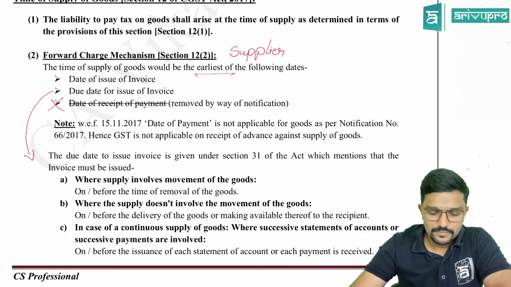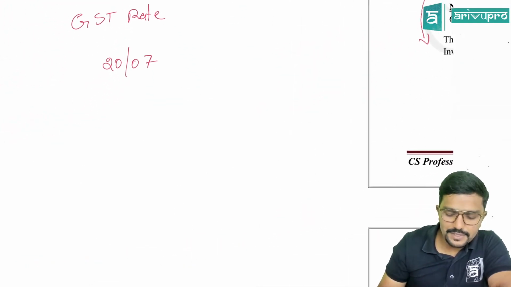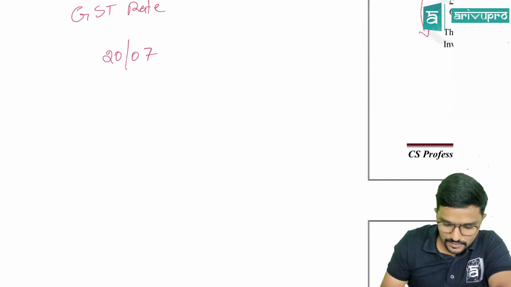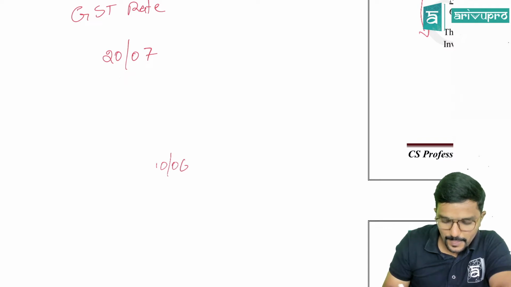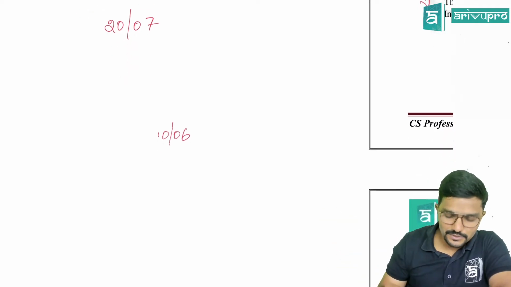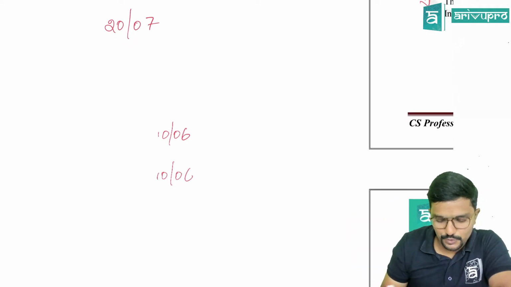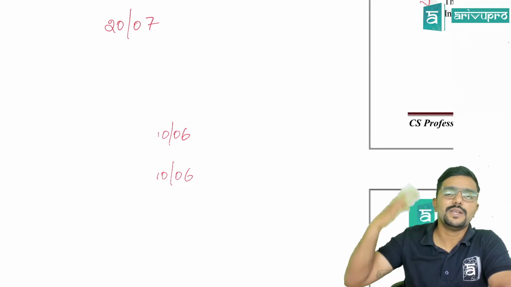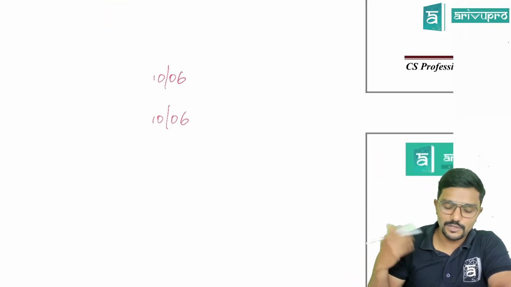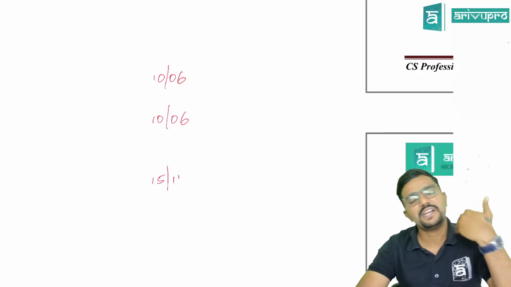So let me just give an example. I have made a supply of goods on 10th June. Assume as per section 31, the due date to issue invoice is 10th June. But I have not issued it. Assume I have issued the invoice somewhere on 15th November. I trusted the recipient.